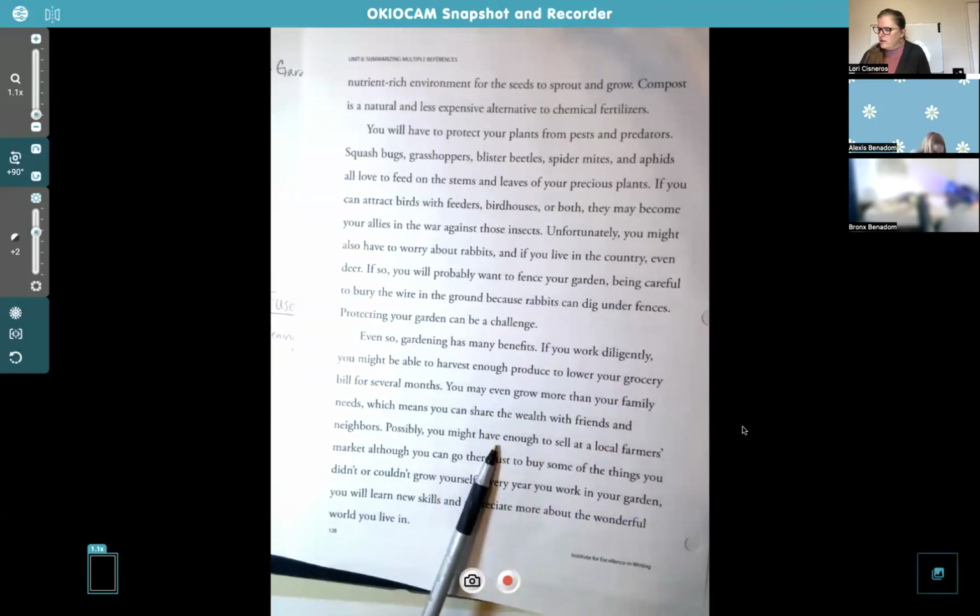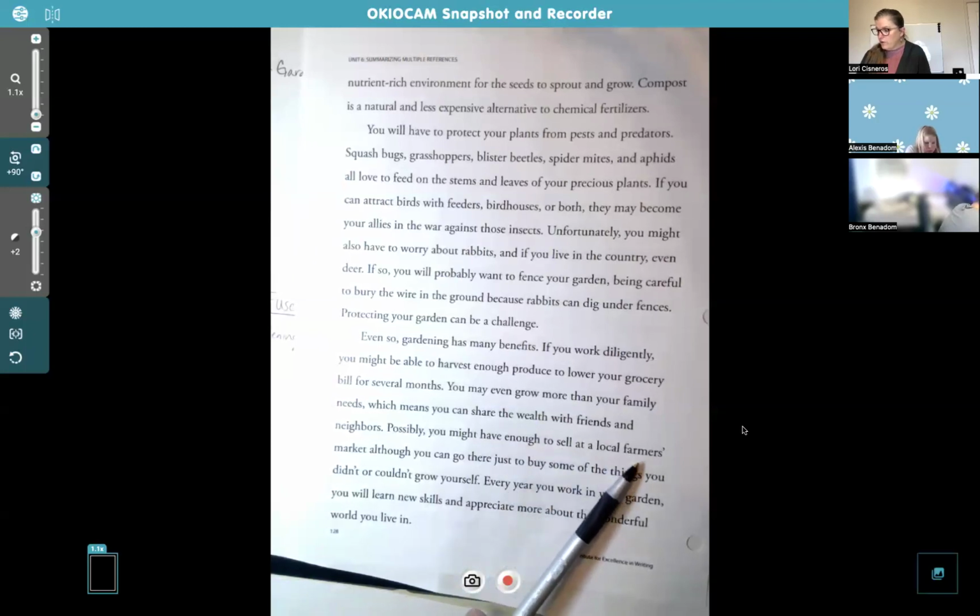Possibly, you might have enough to sell at a local farmer's market, although you can go there just to buy some of the things you didn't or couldn't grow yourself. Every year you work in your garden, you will learn new skills and appreciate more about the wonderful world you live in.